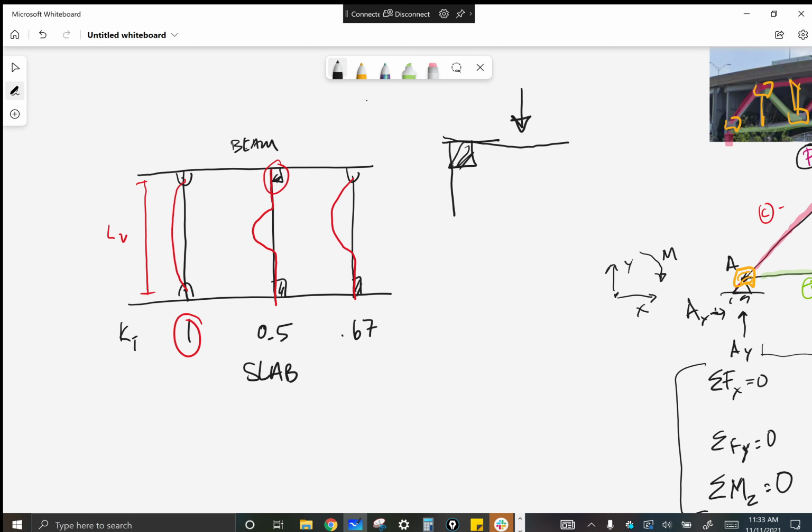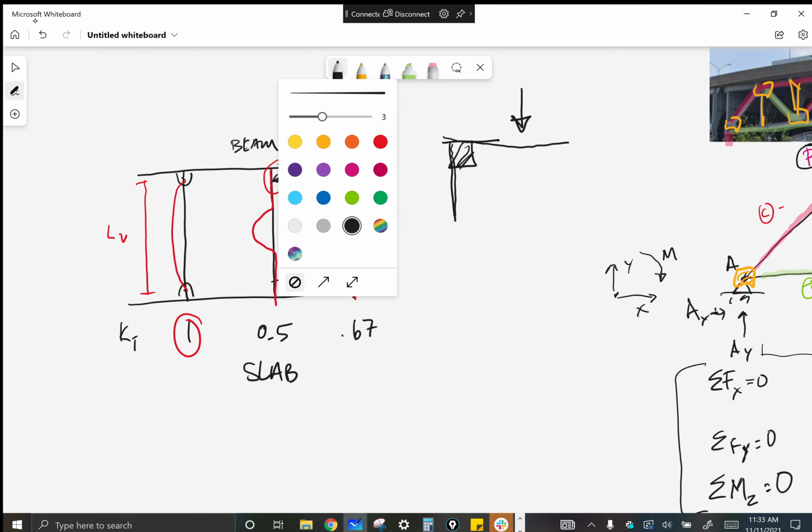It's going to resist that moment, because moment is twisting, and it's not going to twist, and so it's going to stay straight for a while. What this does is reduce the length of the column that's going to be buckling.